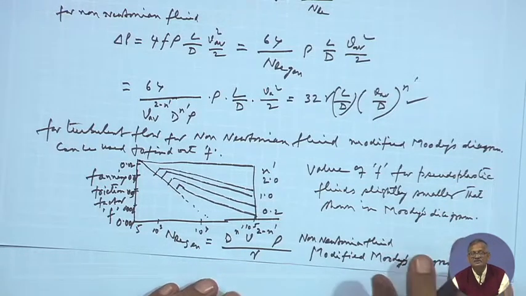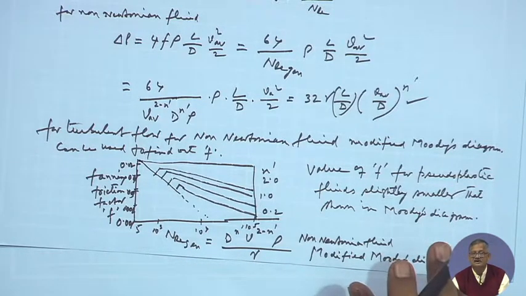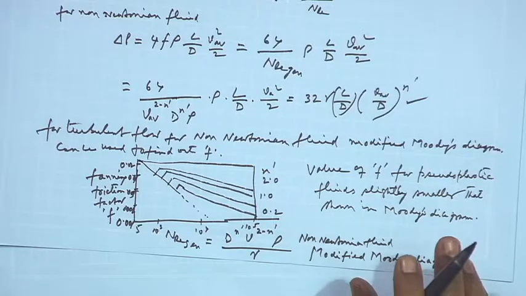We had shown this in the Moody's chart for Newtonian fluid, if you remember, when it was flowing through a pipe, right.